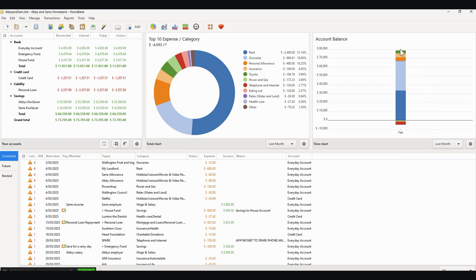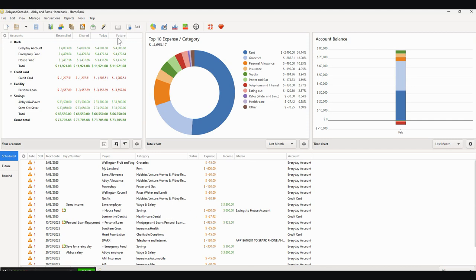Overall you can see that their total equity, their assets minus their liabilities, or the amount of money they have versus the amount of money that they owe, is just under 80,000, which when you look at this screen over to the left is the same here. So you've got about 73,000. If they were to completely pay off all their debts today and cash up everything they had, then they would have $73,000. And then the bottom screen is obviously when we do the posting, which I will do in a couple of days' time.